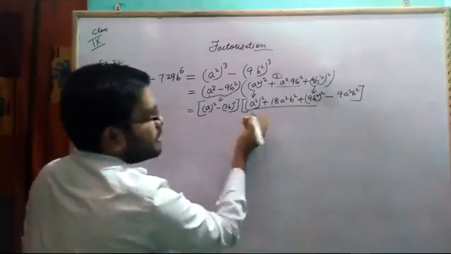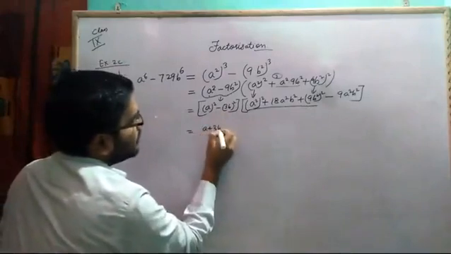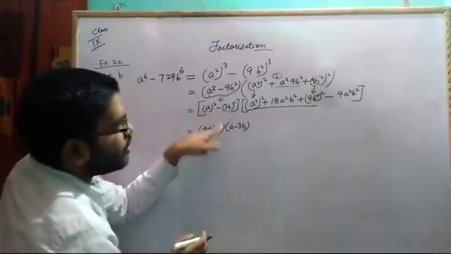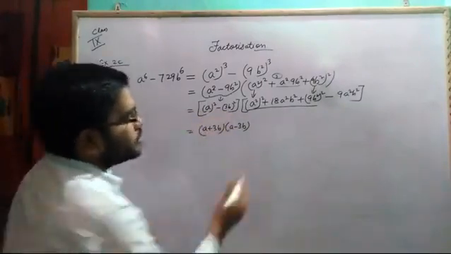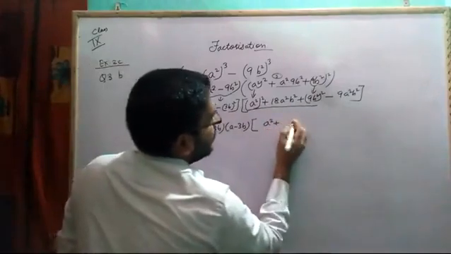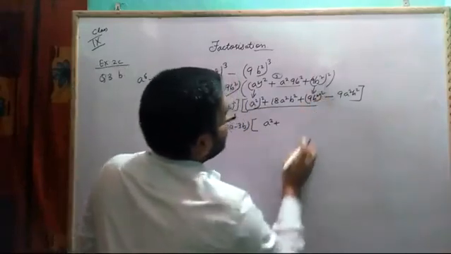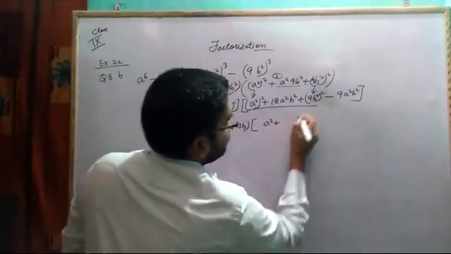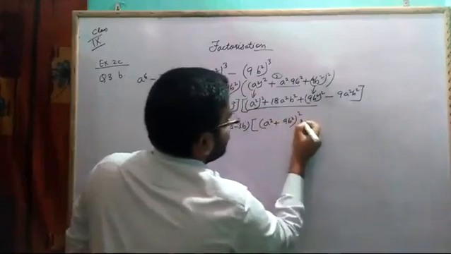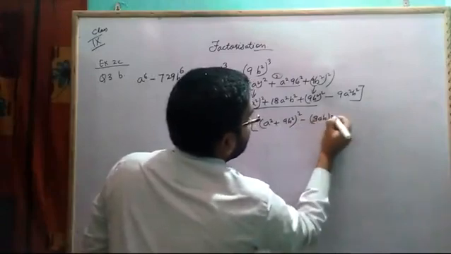Now from here I will be getting one perfect square. Here it will be (a plus 3b) into (a minus 3b). We have the a square minus b square formula, so (a plus b) into (a minus b). Now here you see it is a perfect square, so (a square plus 9b square) whole square minus this I can write as (3ab) whole square.